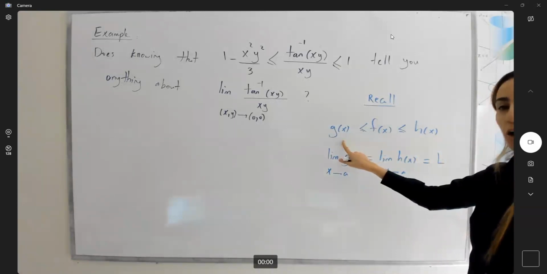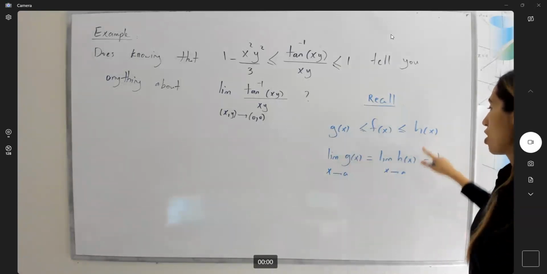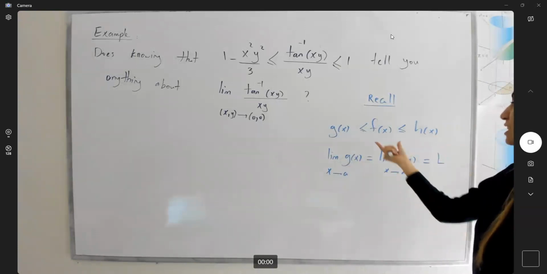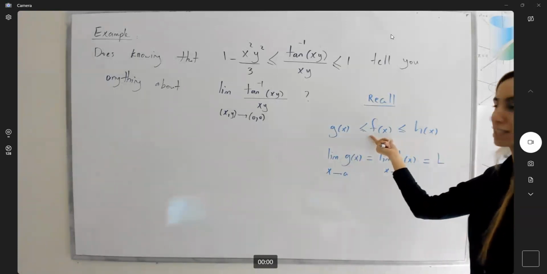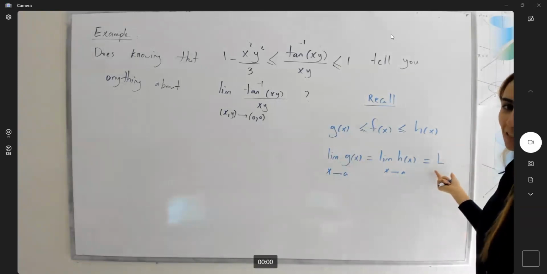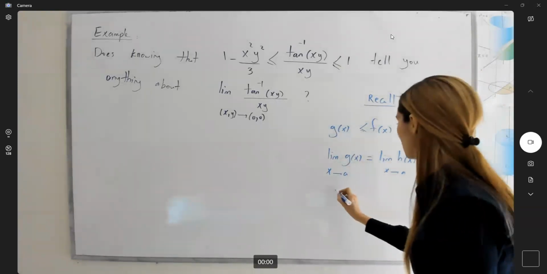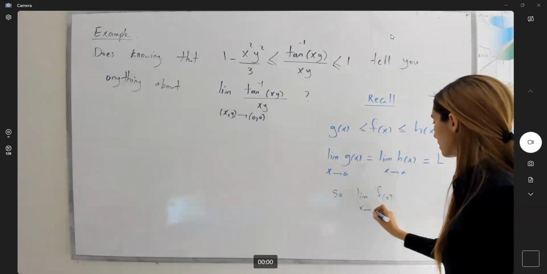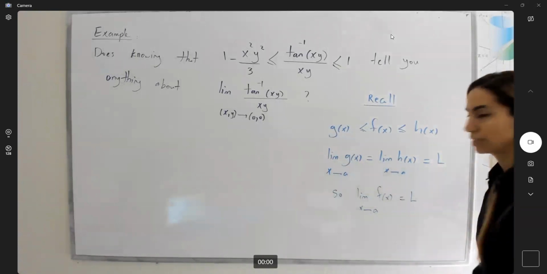As the limits of g and h are equal to each other around a, the limit of f of x must be equal to the same value. So the limit of f of x as x approaches a must be L.